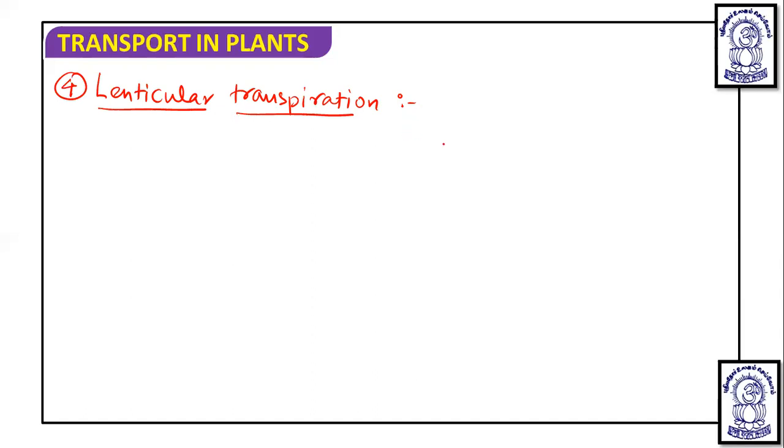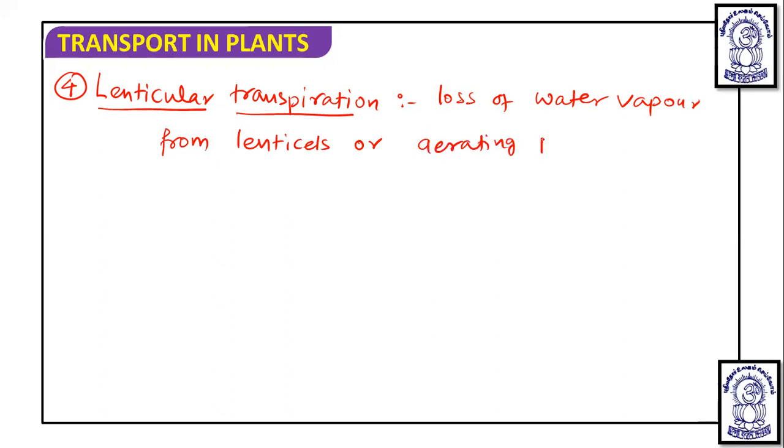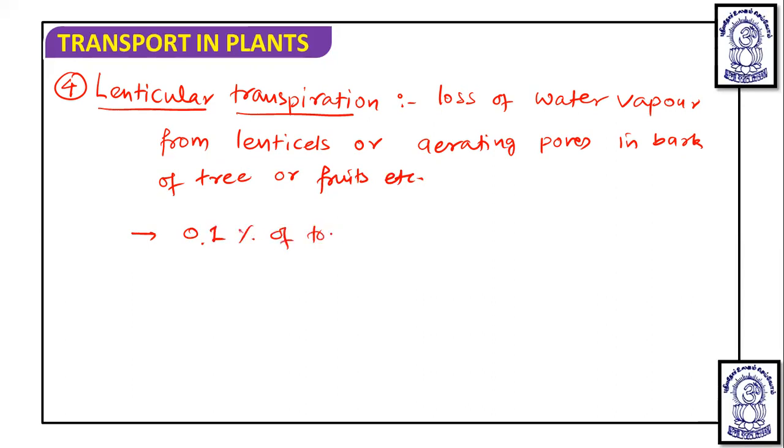So lenticular transpiration is the loss of water vapor from lenticels or aerating pores in the bark of trees or fruits, etc. And it is hardly 0.1% of total transpiration.